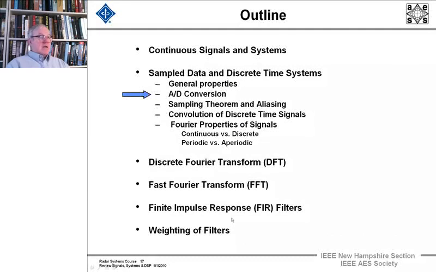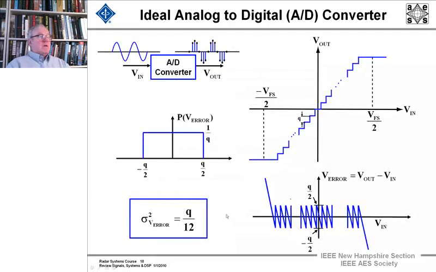Now let's look at AtoD conversion for a bit. Here we see that process where we take a continuous signal in and come out with a digital time sequence. And this is visually what would come in versus what would come out over the range, the full scale of the AtoD converter.